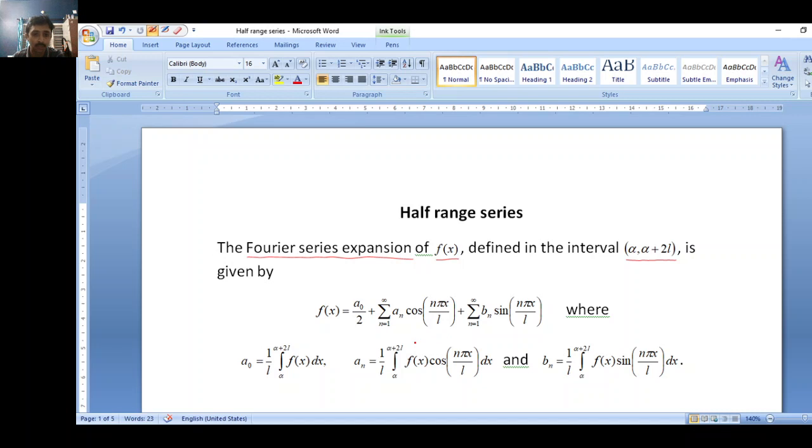And of course, we also know that if the given function f of x is an even function, say in the interval minus l comma l, then the value of bn turns out to be 0, because f of x is even, and the sine function, as we know, is an odd function.